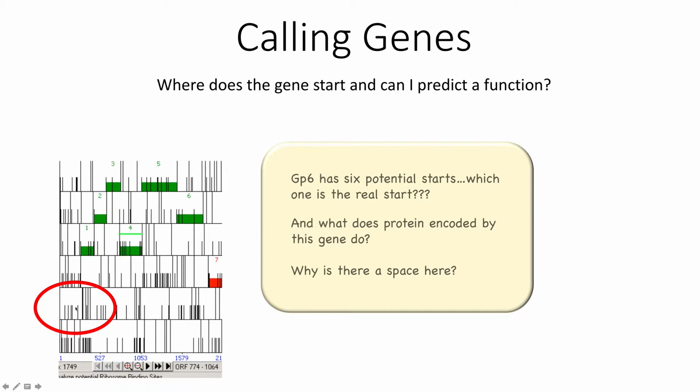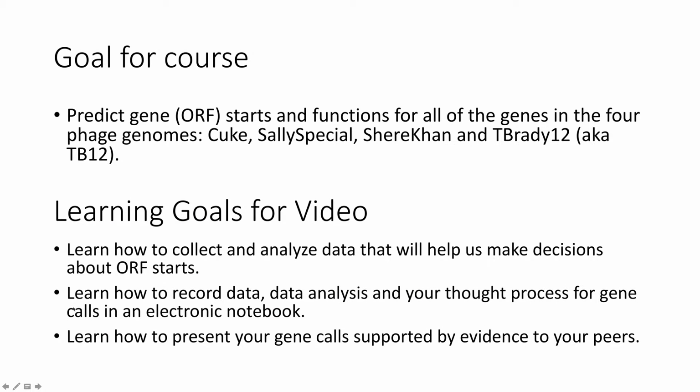So we're going to look at spaces like this and ask, what's going on here? Is there some sort of regulatory sequence here, or is there a gene possibly in this open reading frame that the computer programs missed?